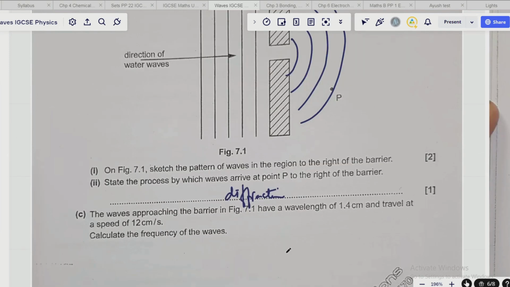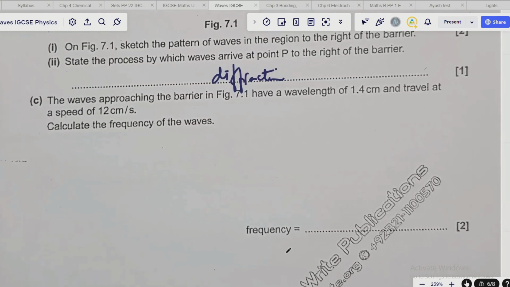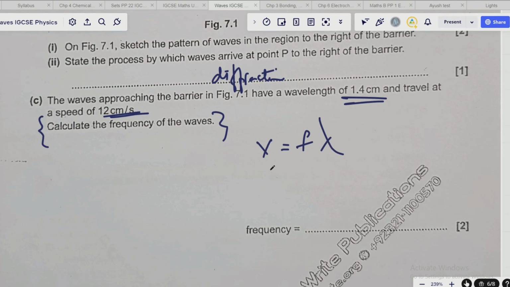Okay. Now this is an easy question. What do we have in this question? We have the wavelength, we have the speed, and we are asked to find the frequency. What is the formula for wave speed? V = f λ, right? V is 12. Why am I not changing the values from centimeter to meter? Because the distance is also in centimeter and the speed is also in centimeter, so I don't need to change it into meters.